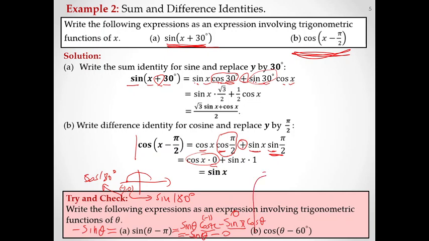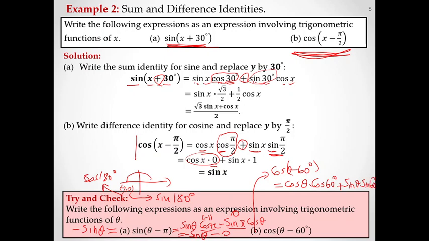Now let's do it here. Cosine of theta minus 60, by using this difference formula, is cosine theta times cosine 60, plus, because minus times minus makes plus, sine theta times sine 60.